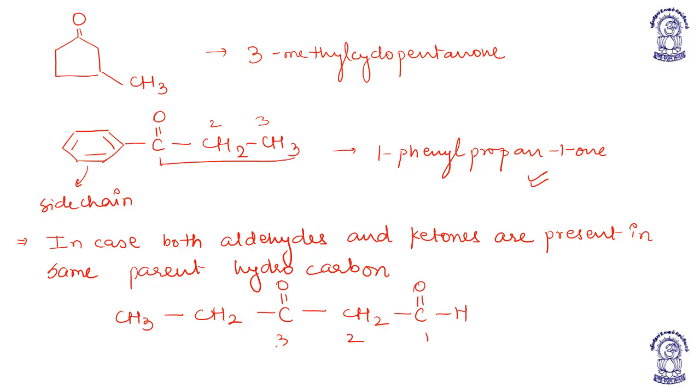One, two, three, four, 5. So now the ketone will act as a prefix. So 3-oxopentanal. This is the compound. Okay, there is no space. 3-oxopentanal. Okay.